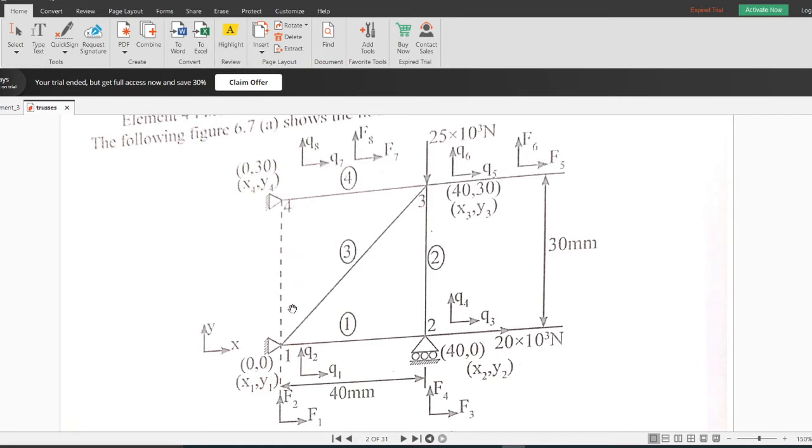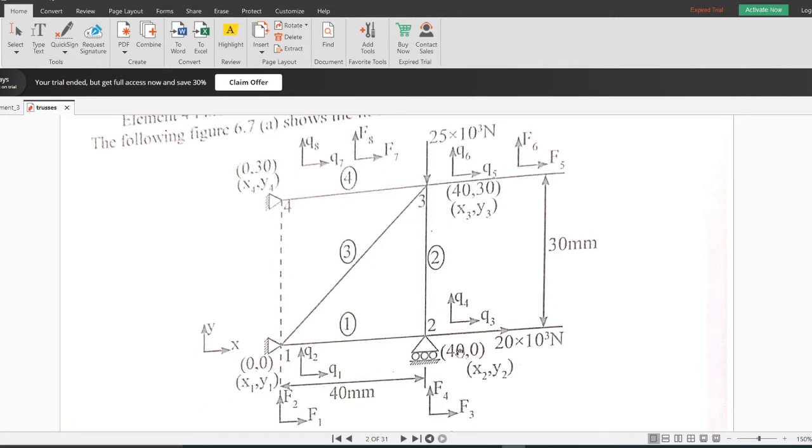4 nodes. So therefore, here 0, comma origin, x1, y1, x2, y2, x3, y3, x4, y4. What is the origin? Node 1 is at the origin only. Therefore 0, 0.